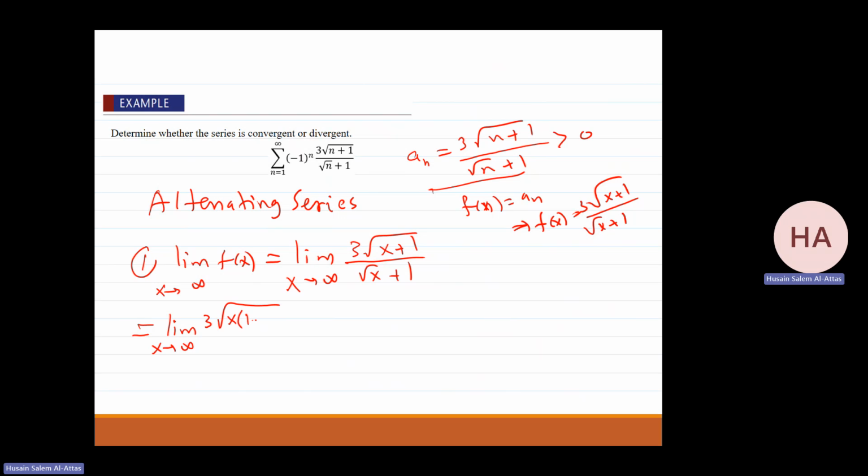I have 1 plus 1 over x. And here I can take square root of x as a common factor. I have 1 plus 1 over square root of x. So I have the limit as x goes to infinity of 3 square root of x, square root 1 plus 1 over x.